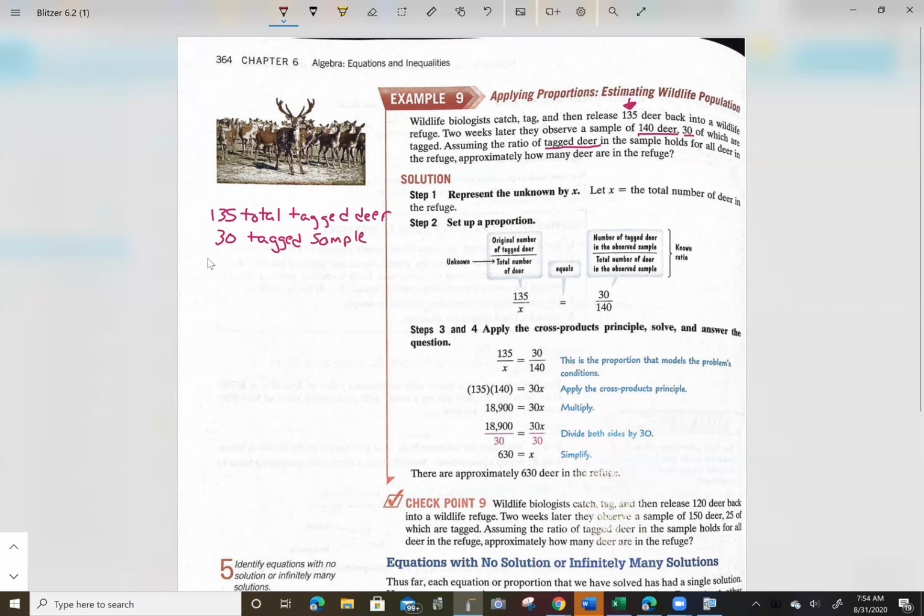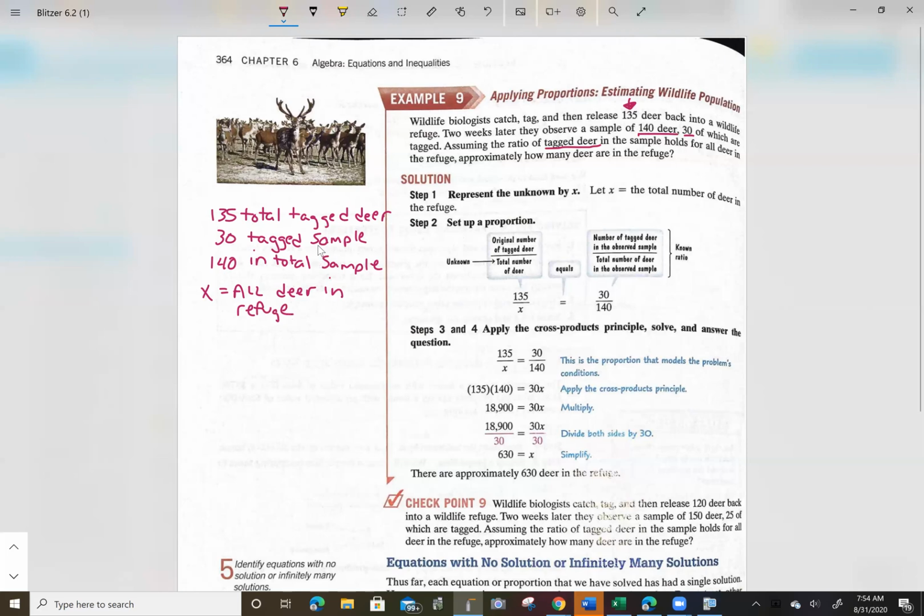And the second time they caught deer, there were 140 in the total sample. Okay, so the way they set this up is, and we are looking for all deer in the refuge. So X is equal to all deer in the refuge.